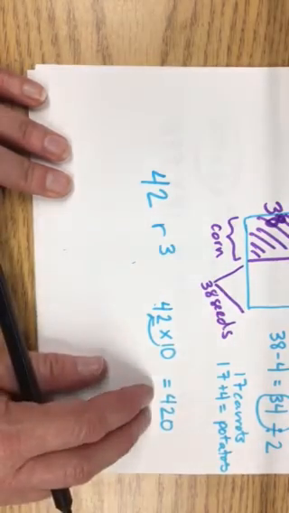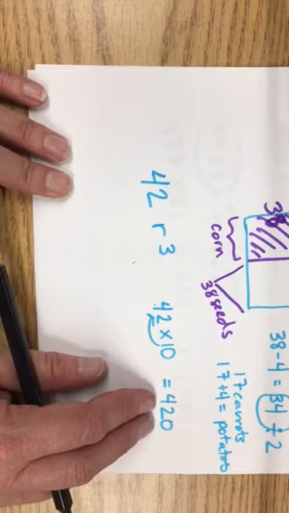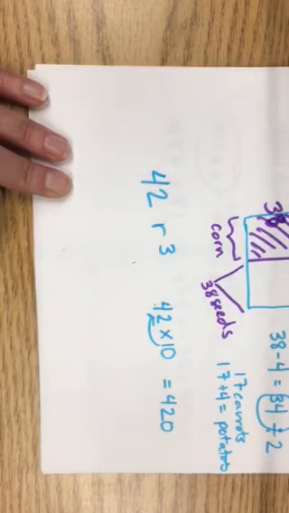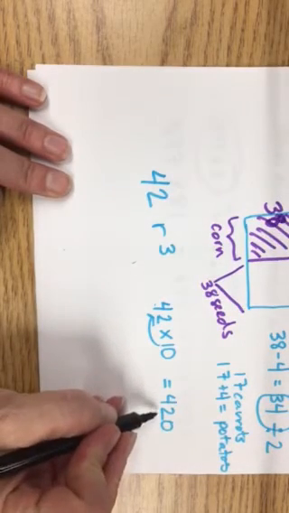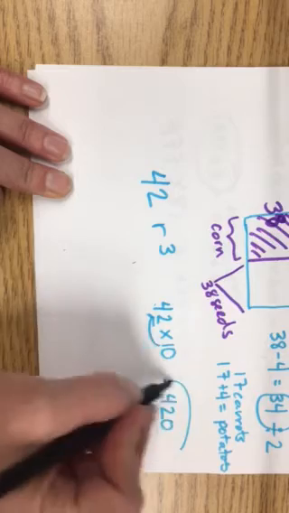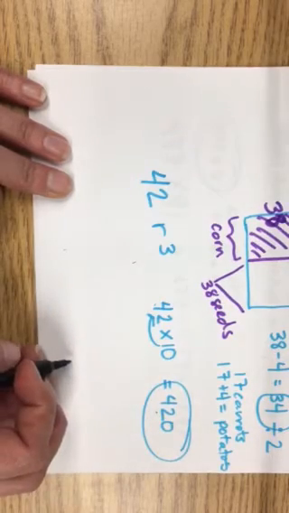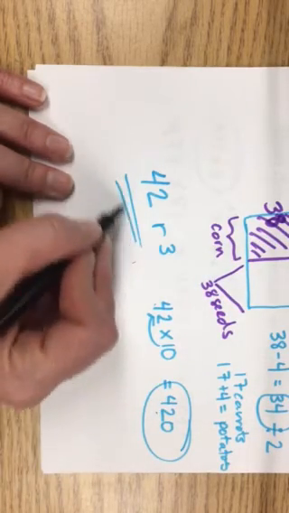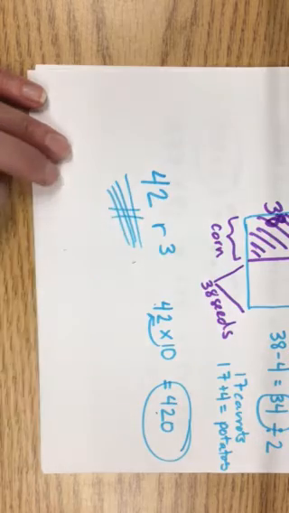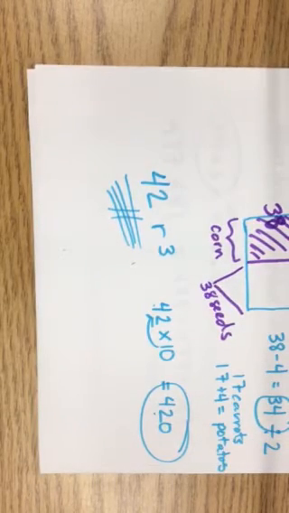So with that rule in mind, they want you to use your critical thinking skills, okay? So how do we get from here, that 420, to 42 remainder 3? What does that mean exactly?